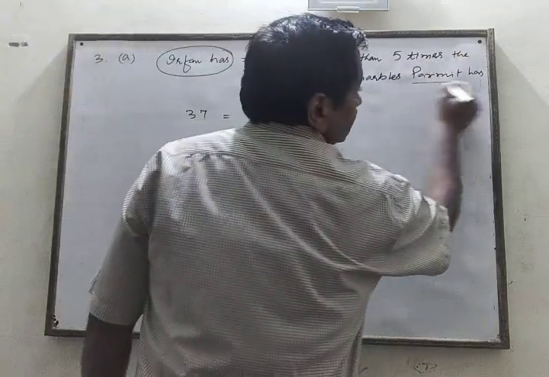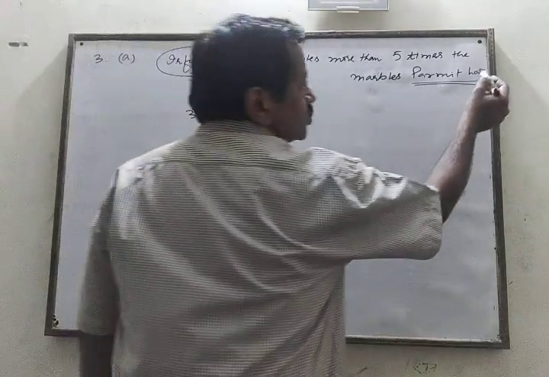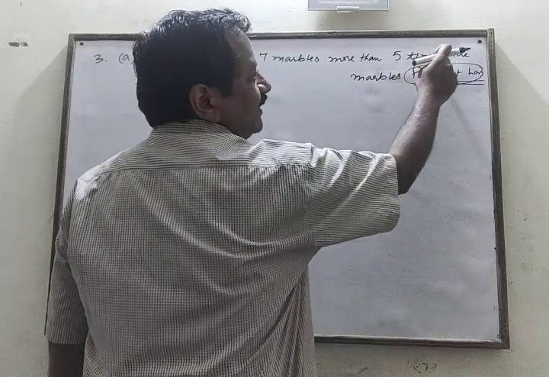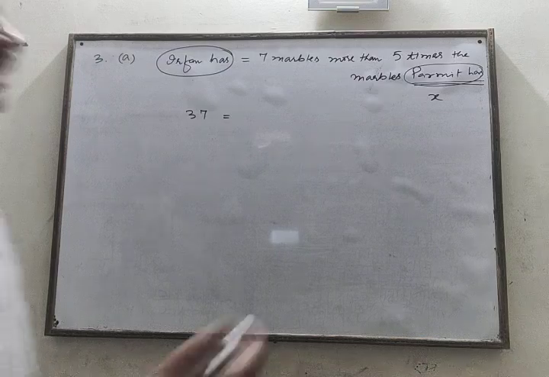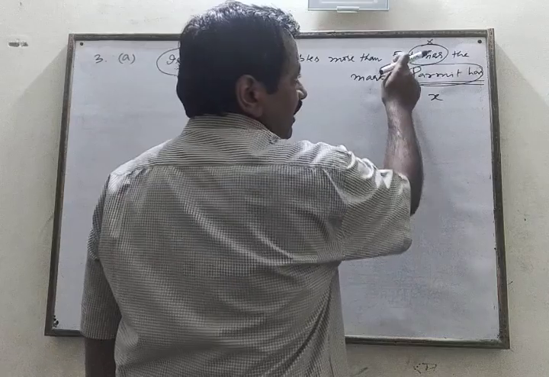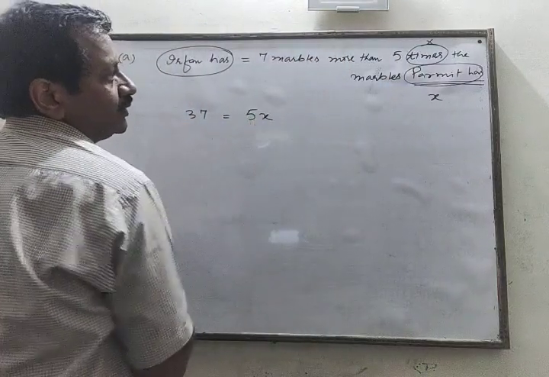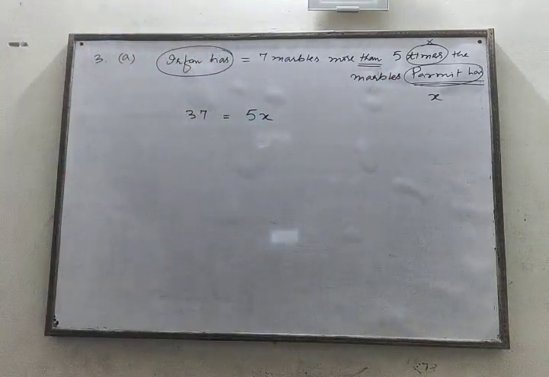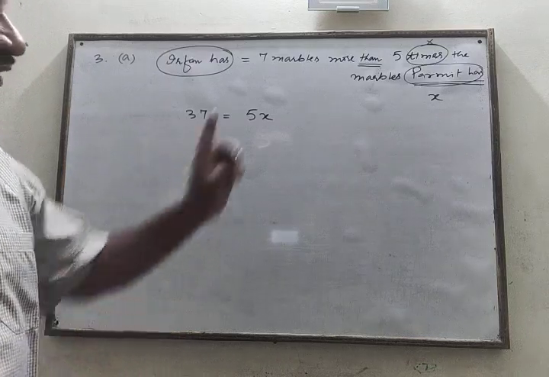We don't know how many marbles Parmeet has. So Parmeet's marbles we will suppose as x. So it will become 5 times x. 5 times x means 5 multiply x. Times means multiply. 5x. Because the number written after than will be written first.